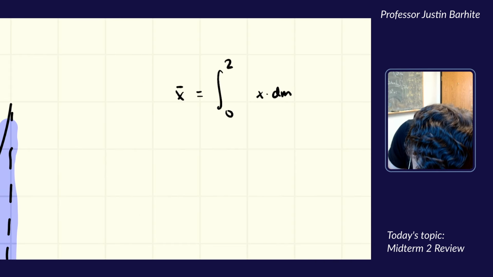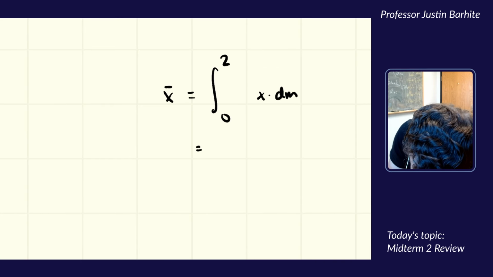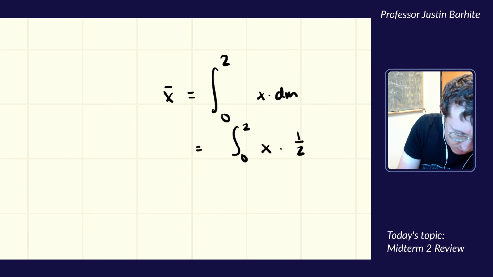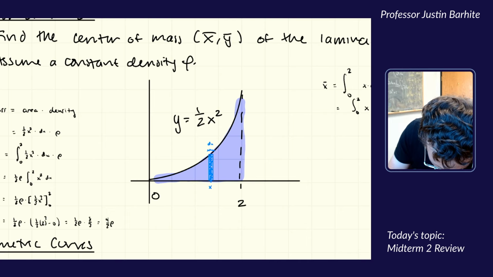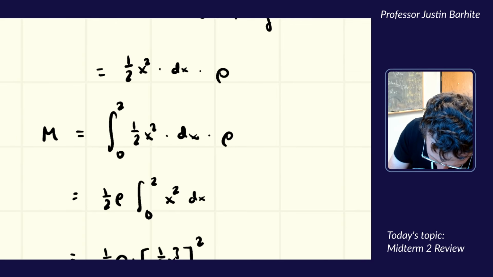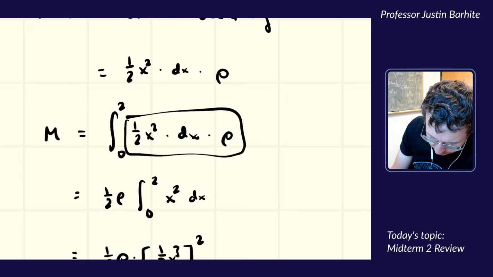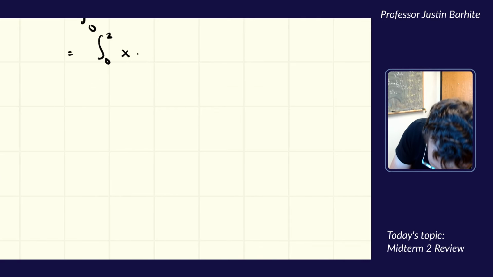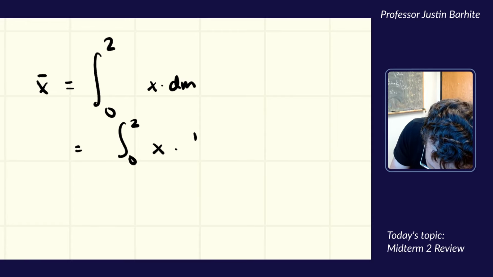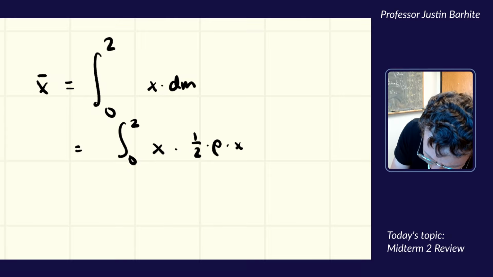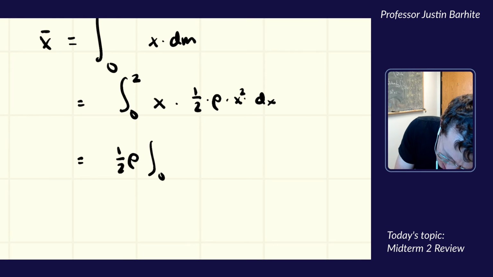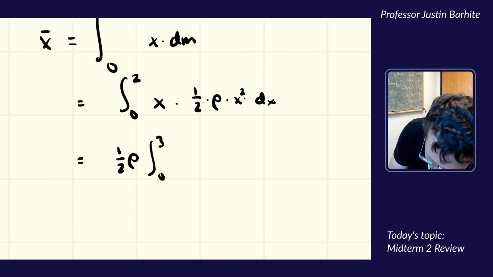We already talked about what the mass is. Yeah, this was the mass of that little piece: 1/2 times rho times x squared dx. So this is identical to the integral that we did before, except that there's this extra factor of x.